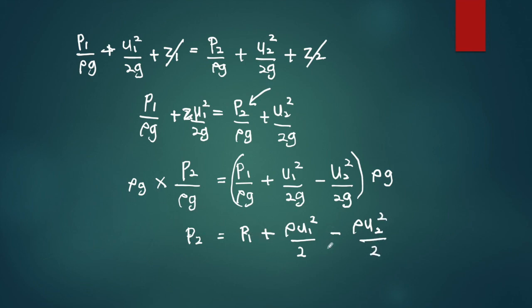Simplifying this, P2 is P1 plus rho over 2 times U1 square minus U2 square. Okay, that is our equation from Bernoulli's equation. So you have to substitute all the values inside this equation.